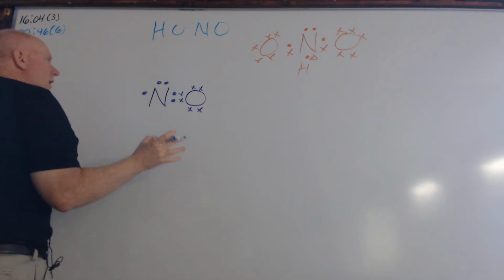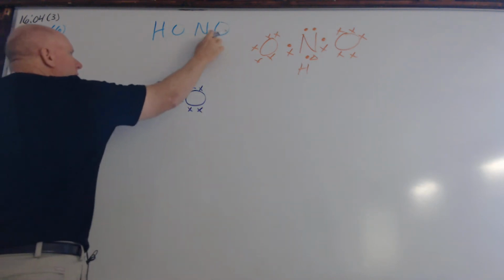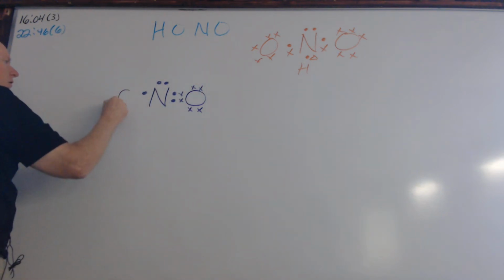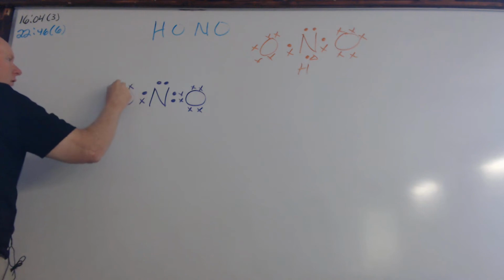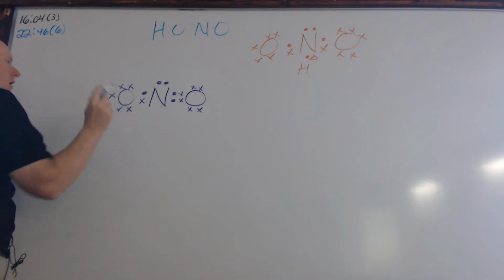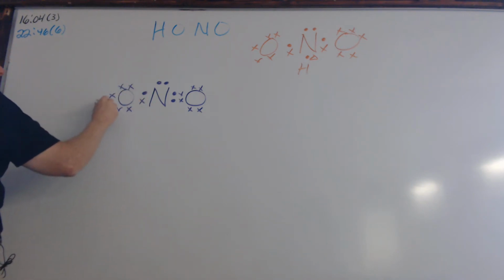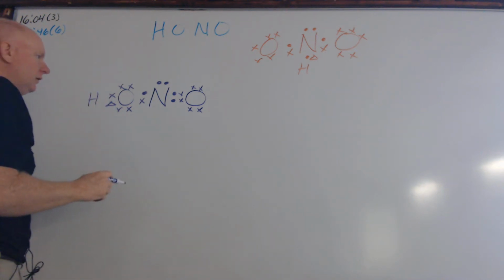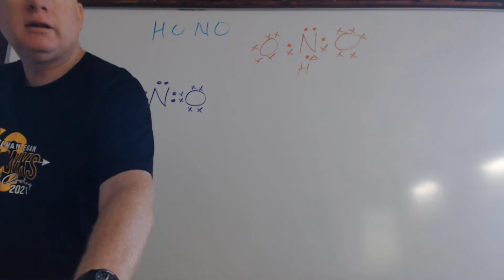Then that takes care of our nitrogen and oxygen. Let's try to put an oxygen over here. Then there's our 6 X's, and there's our lone hydrogen, and therefore we see that that works.